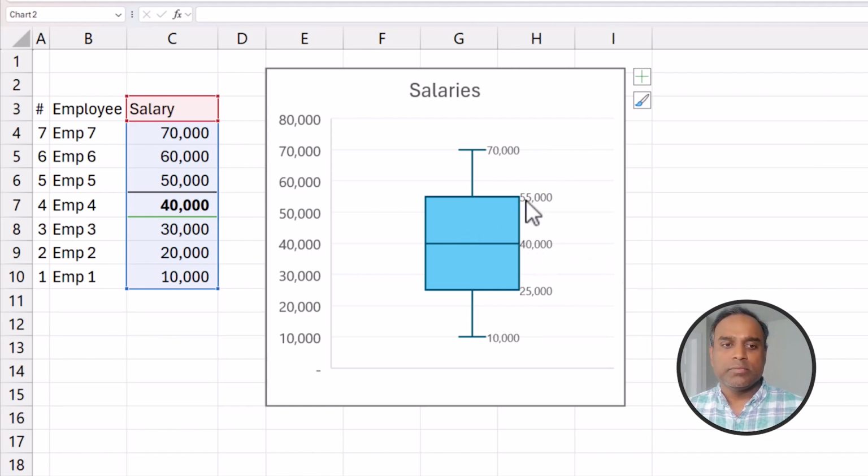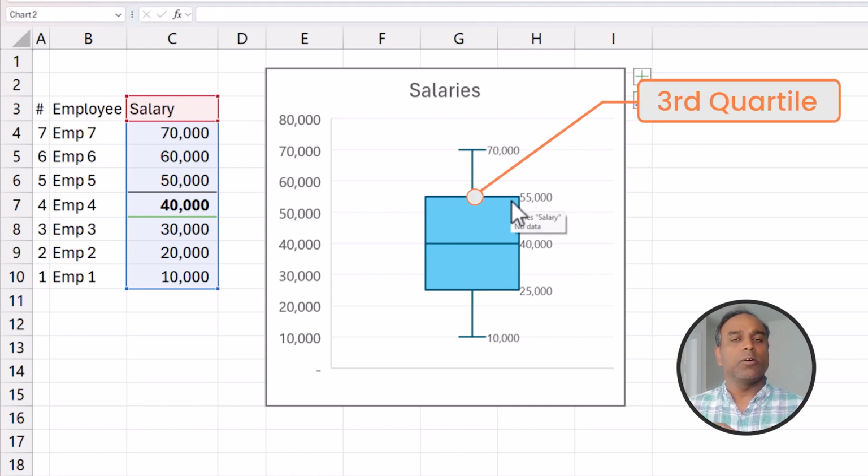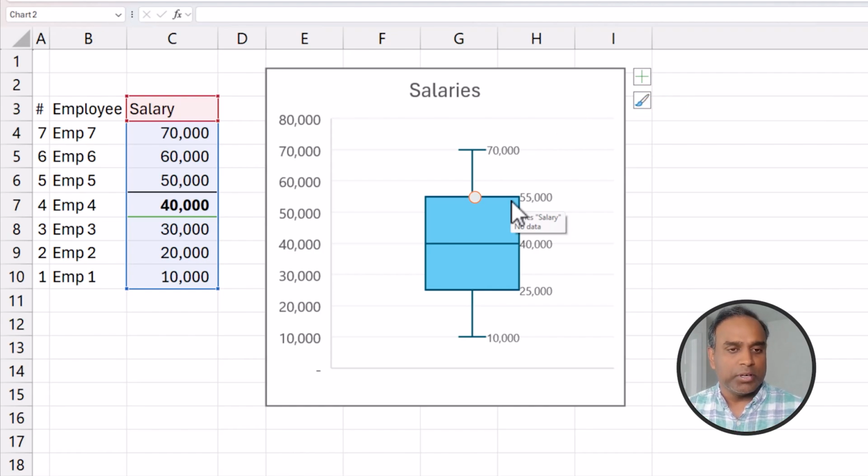Then we have 55,000, which represents the top end of the box. This is the third quartile, or the 75th percentile, also called the upper quartile line, and 75% of the observations are below this value. Finally, as we said, the top end is the maximum value of the data set.